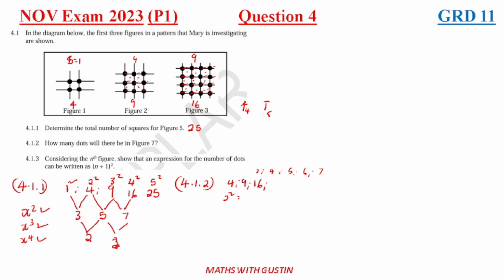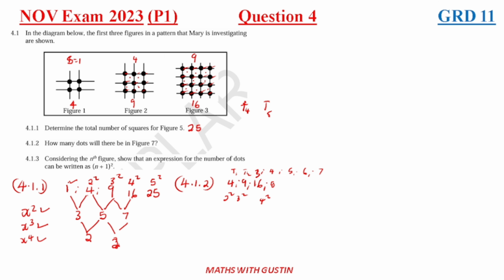This was 2 squared, 3 squared, 4 squared, and then term number 4 will have to be 5. Okay, this is term number 1, this is term number 2, this is term number 3. So therefore this is term number 4.